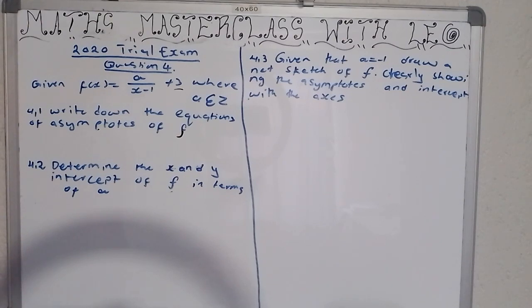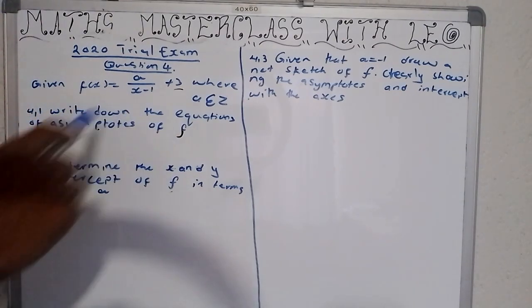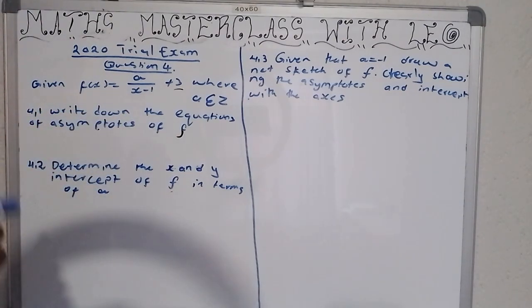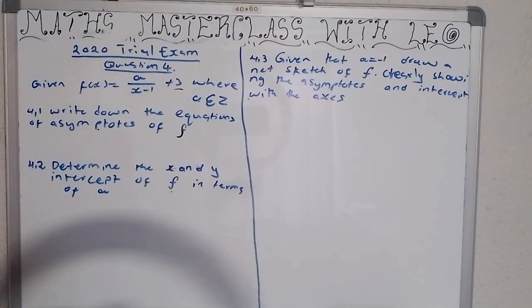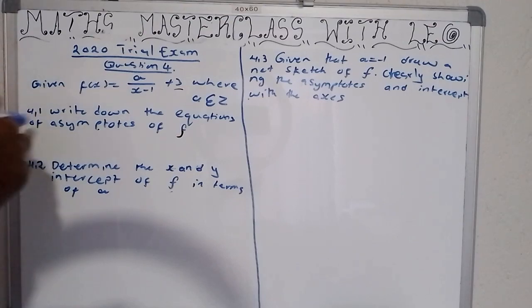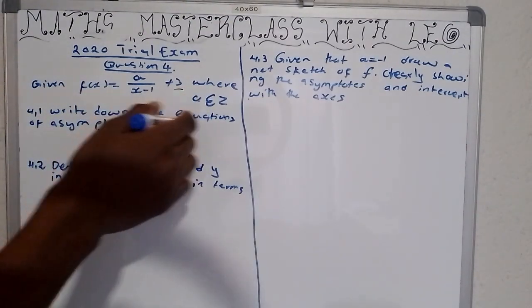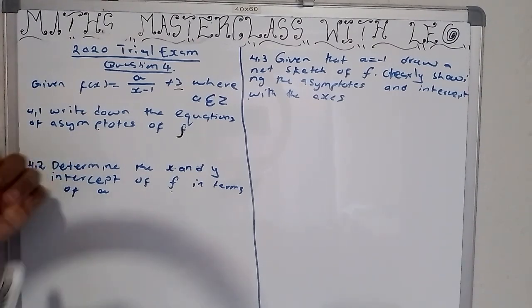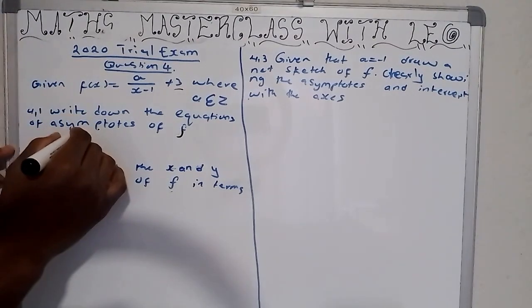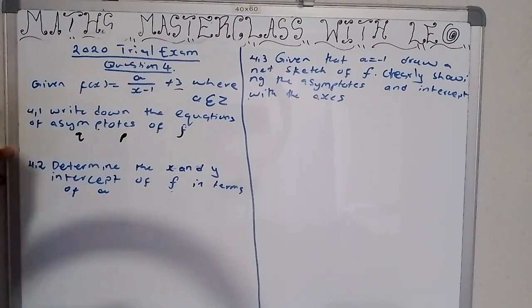Remember what I said on our previous classes? When they say write down the equations of asymptote, it's different to when they say write down the asymptotes. Normally for the asymptotes, we talk about your q and your p, right?